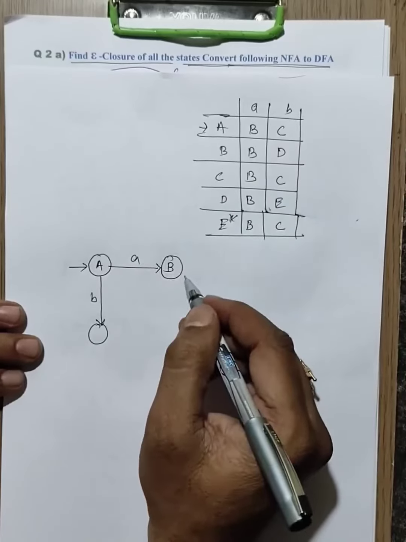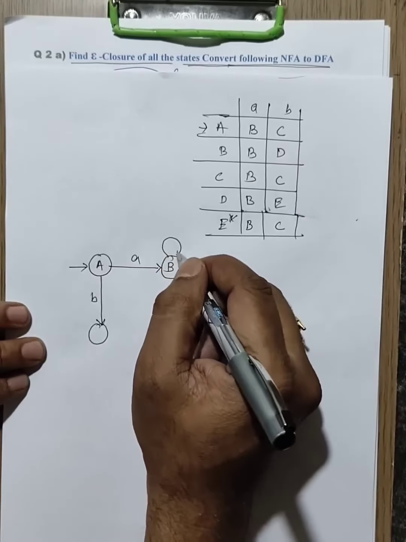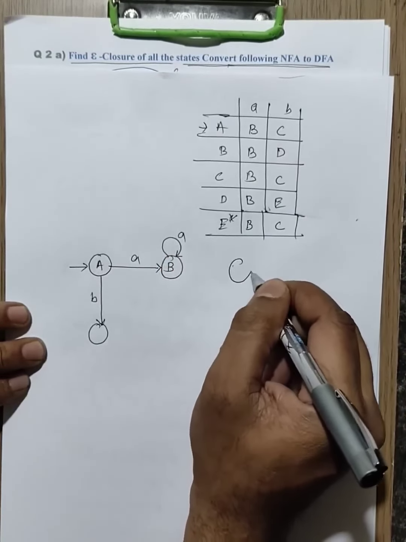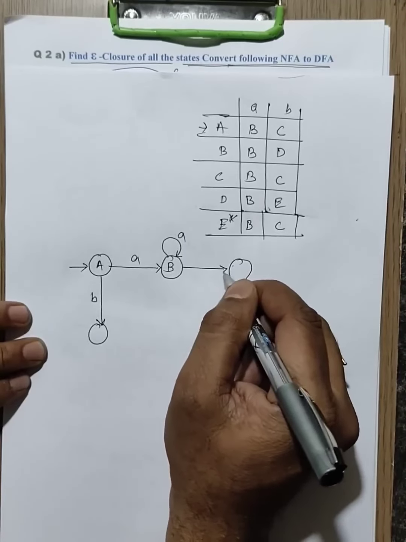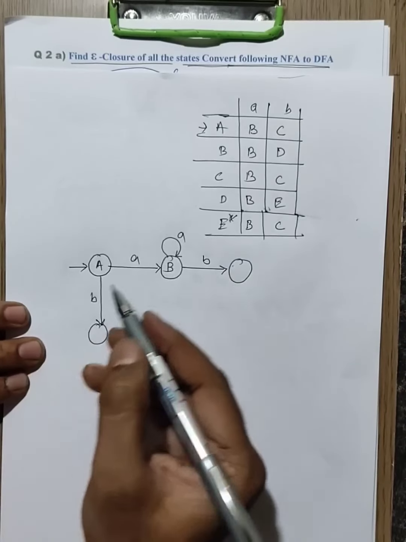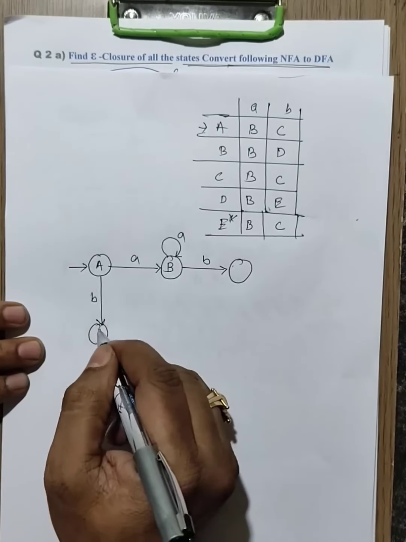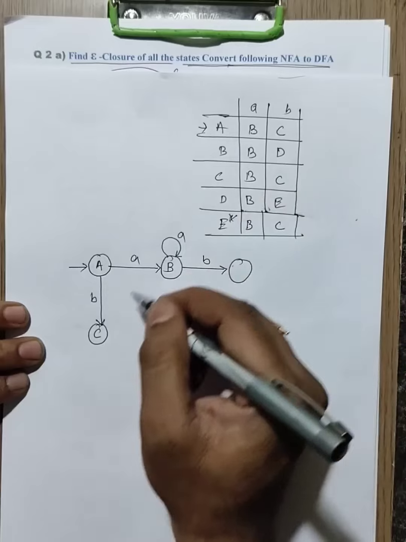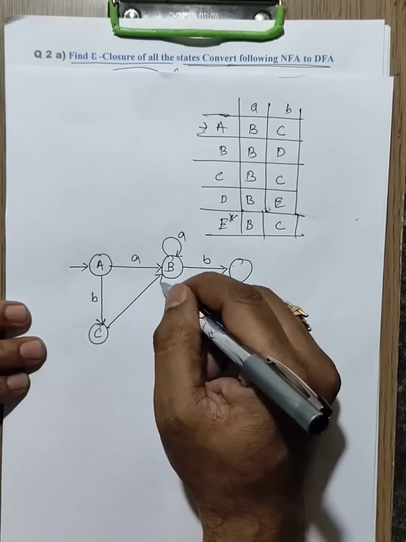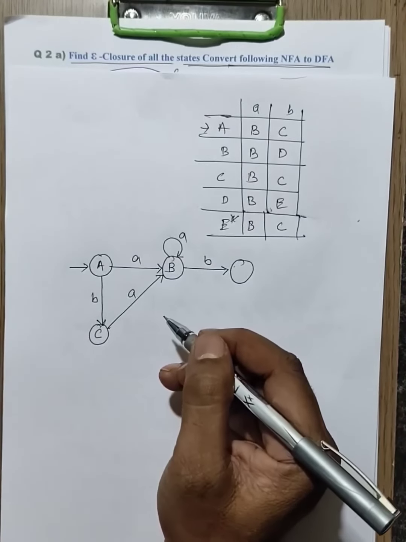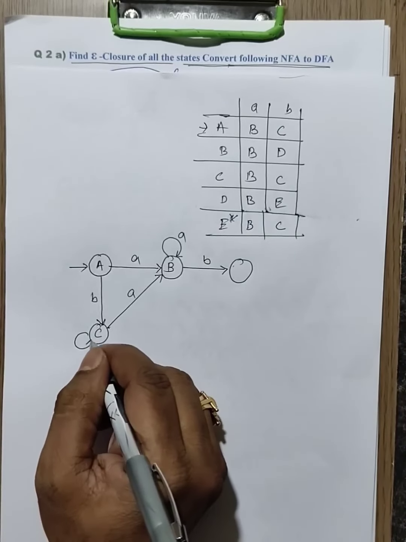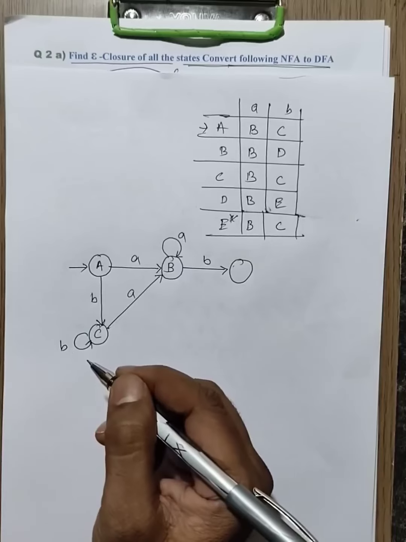Next, B to B on A, B to D on B. Again, D is a new state. Next, C. C to B on input symbol A, C to C on input symbol B.